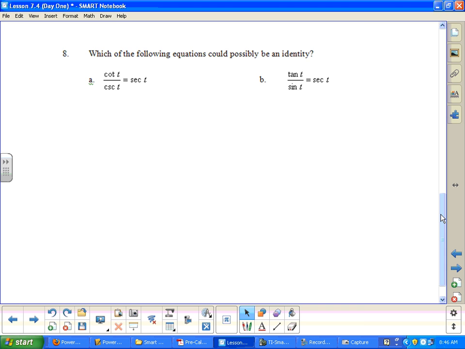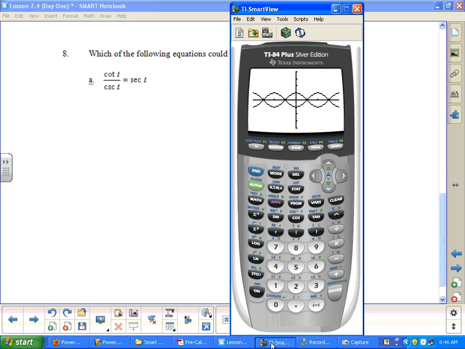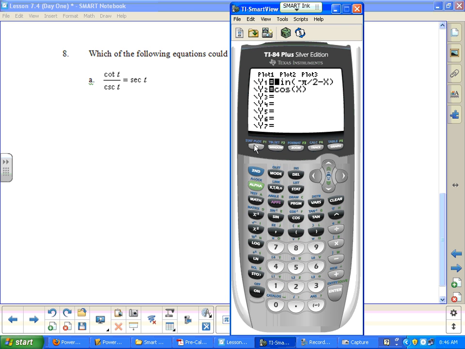So I go to my y equals here, and when I put it in, cotangent is the same as what? 1 over tangent, and cosecant is 1 over sine.